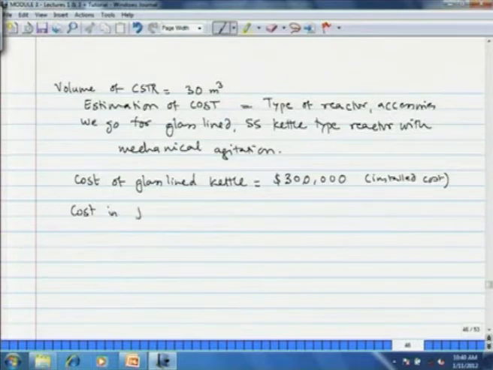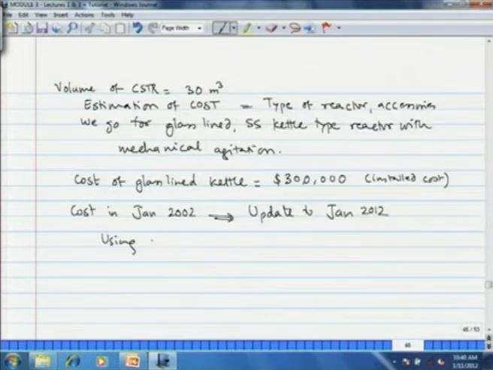Cost in January 2002 is this. We have to update to January 2012.